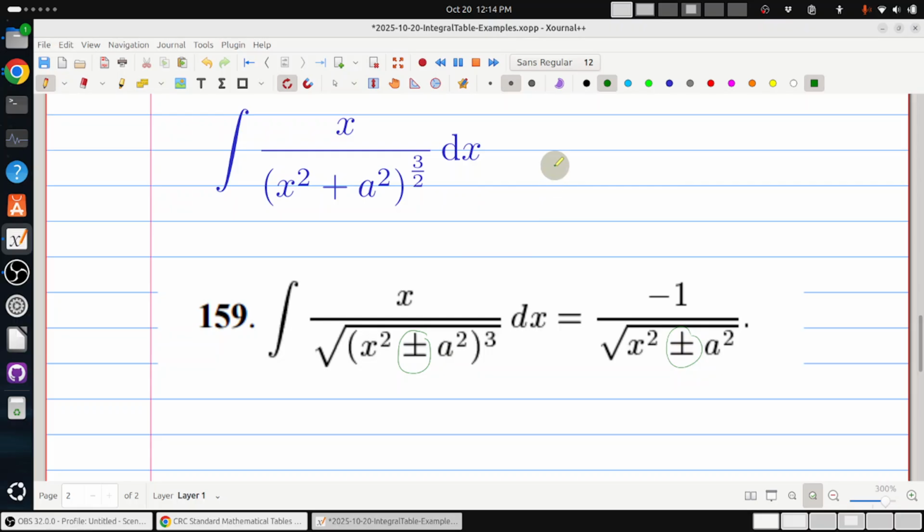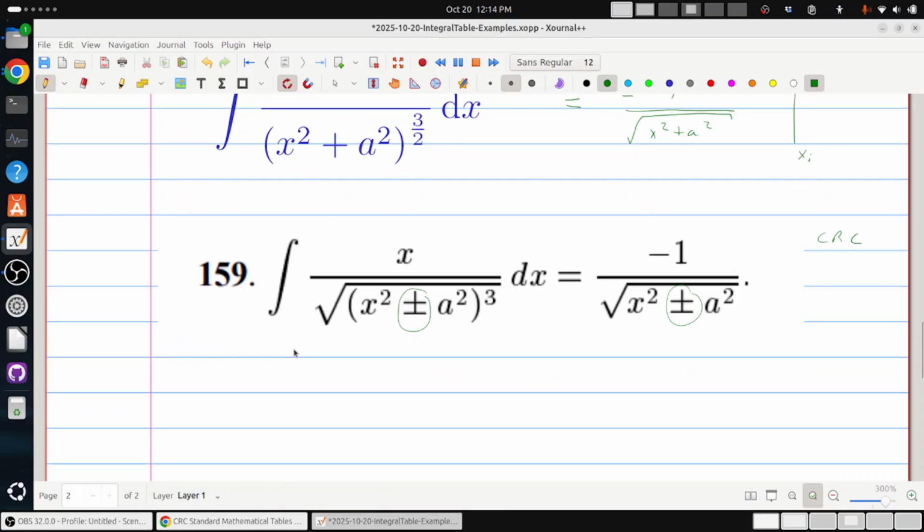This tells me my answer should be of the form negative 1 over the square root of x squared plus a squared. And of course, I have to evaluate that from my two boundary conditions, from some initial x value to some final x value. So in our CRC tables, we can actually find a value that's close to what we've got.